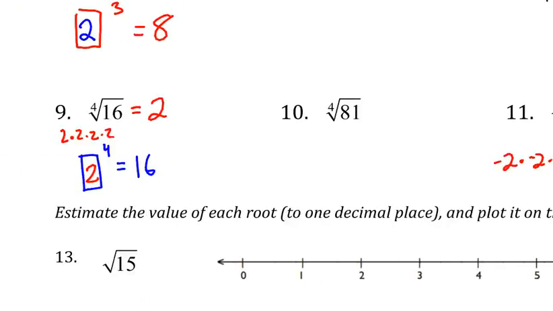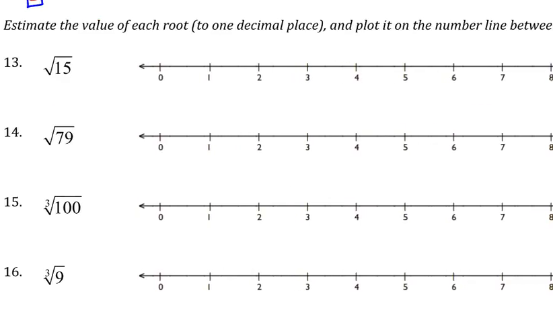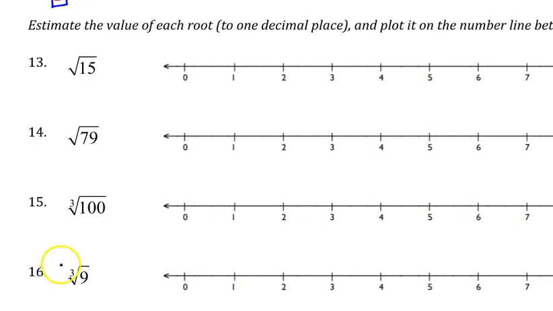Let's take a look at the next ones. 13, 14, 15, 16. So the next thing is, how can we get these non-perfect squares or perfect cubes? How can we get a decimal that's really close, once again, without using a calculator at all? Okay. So what we can do is see, well, what perfect squares is this actually close to?